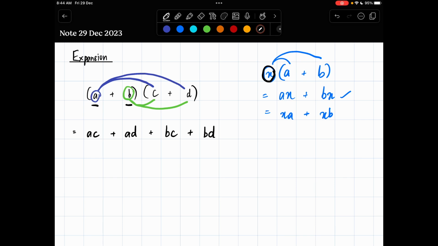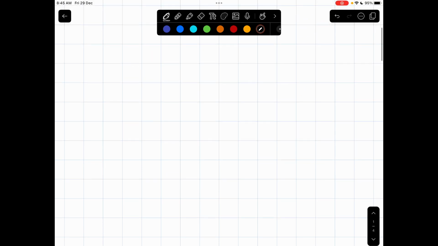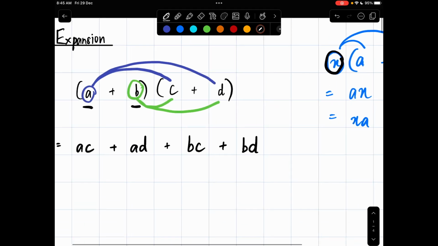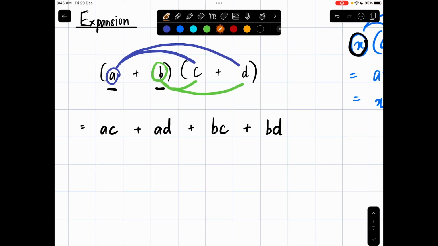Now let's move on to factorization. And before we move on to factorization, just one last thing. After you multiply all of this, and then you get this expression, make sure to add them together in case there is a like term. This is very important. When we learn algebra in Form 1, there's something called the most simplified version.